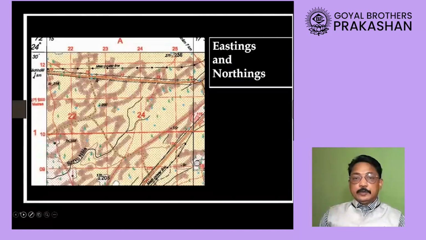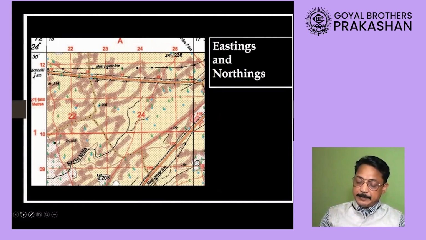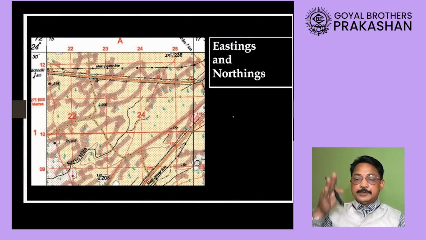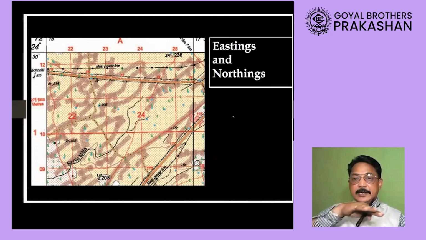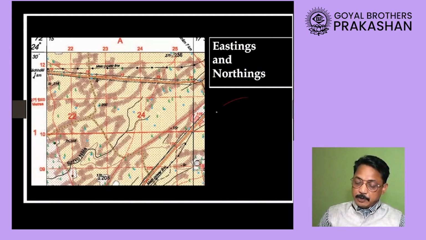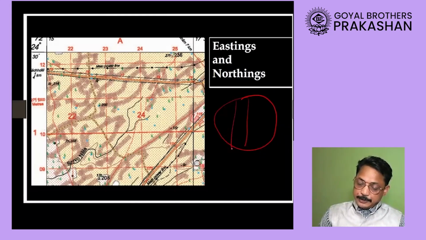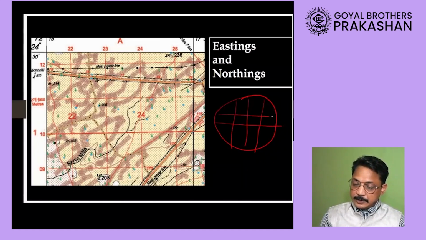Now, a very basic idea of a topography map, dear student, is that a topography map consists of some vertical lines and some horizontal lines. If we draw Earth, on Earth we draw the longitudes and we draw horizontal lines called latitudes.